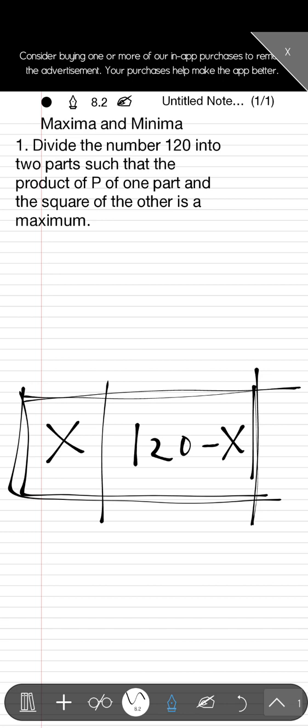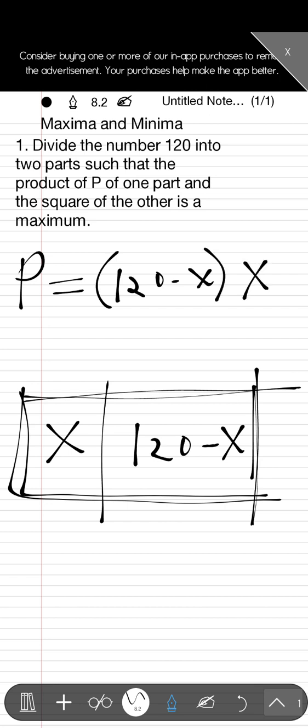Yung dalawang number na yon, yung x at saka 120 minus x. Such that the product P of the one part and the square of the other part. So, yung one part natin is 120 minus x, times x squared.